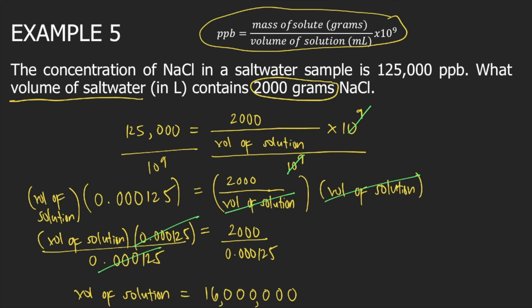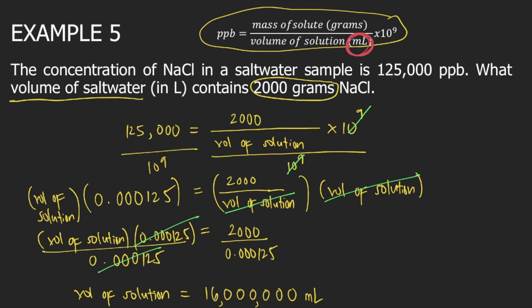So 16 million. And what is the unit for the volume of solution? If you look at the formula, the unit is in ml. So 16 million ml of salt water.